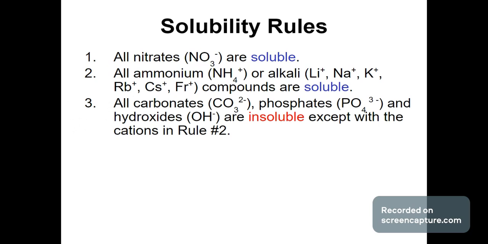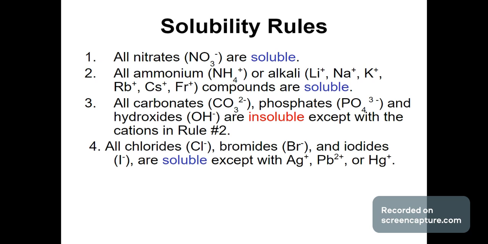All carbonates, that's things like CO3, not CO2, phosphates, and hydroxides are insoluble except with the cations in Rule 2, meaning that if you do have a hydroxide and it has something that's alkaline or ammonia in it, it would be soluble.